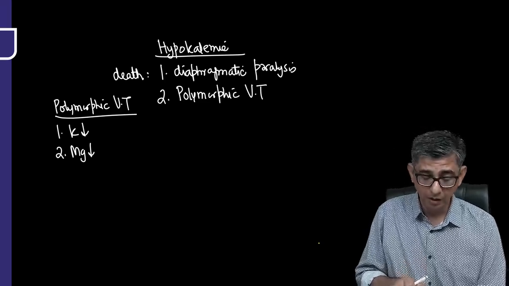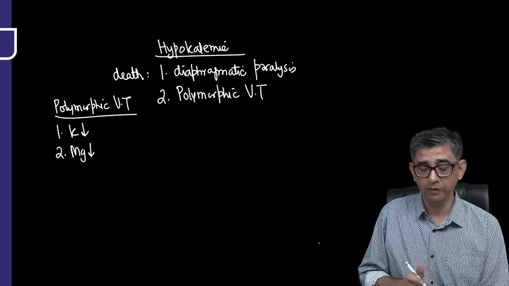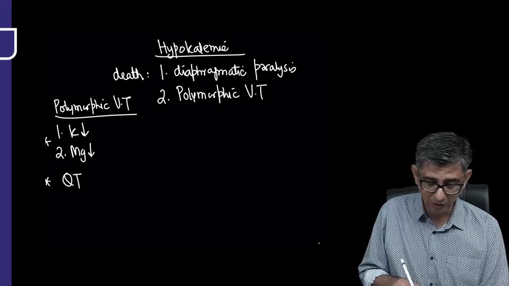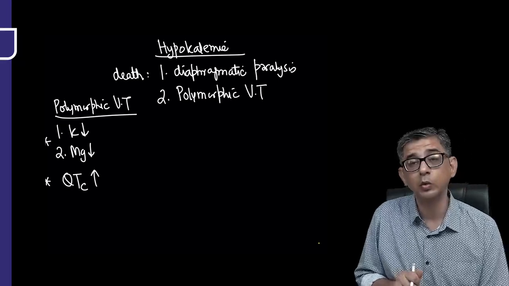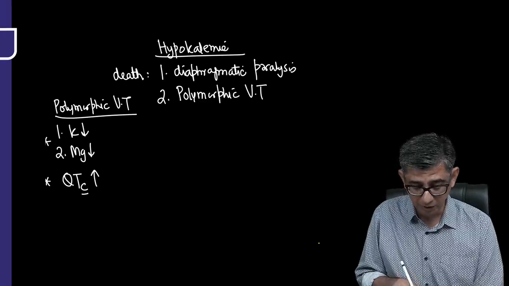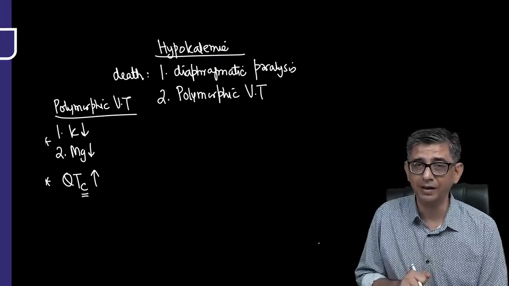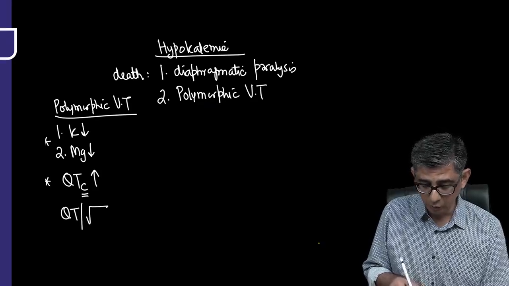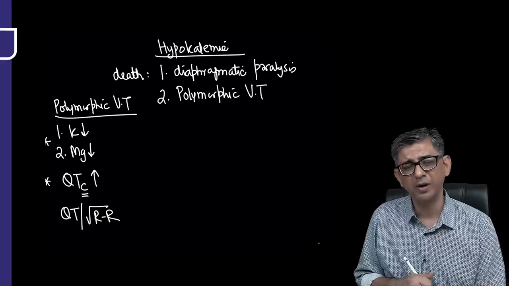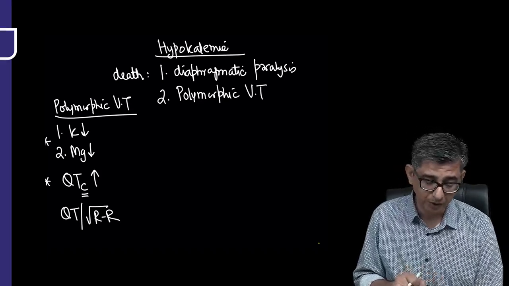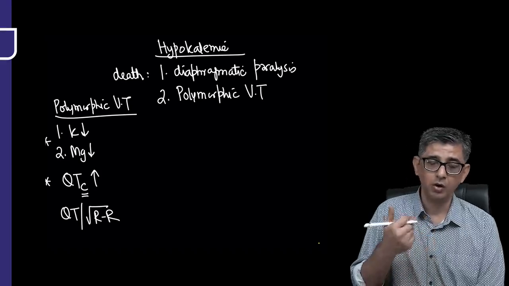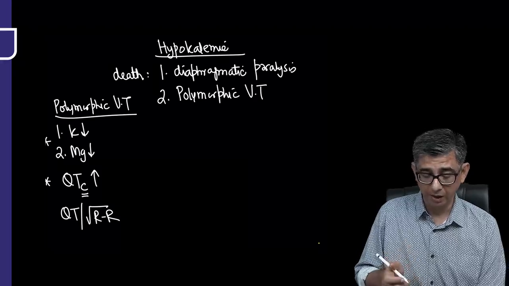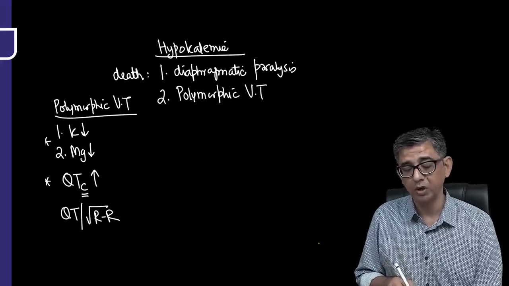Both of these are associated with development of polymorphic VT, where the diagnostic feature of polymorphic VT has been discussed even in the cardiology section, prolonged QTc. There would be a small subscript c written here, that would mean a corrected QTc, and the formula here is QT divided by the root of the RR interval. The formula part you can still neglect, but then you need to remember two aspects. Causes of polymorphic VT are hypokalemia and hypomagnesemia. Diagnostic criteria is increased QTc.